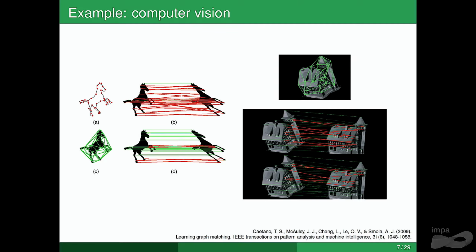We can find the correspondence by looking at the edges of this graph and try to match them in some way. So that's one particular example. Here, there's also a video of a house moving, and then we can apply a similar idea. So this image is taken from this picture about linear graph matching in computer vision applications.